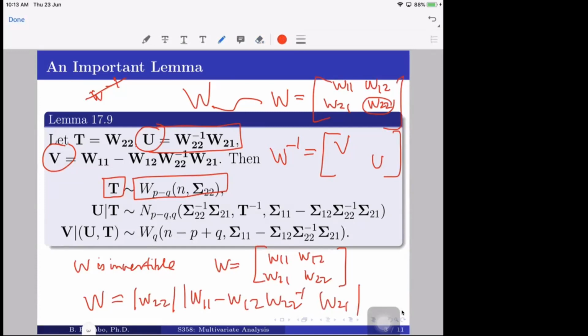So we can express W. If this is our original W and W is invertible, we can express W in this manner.